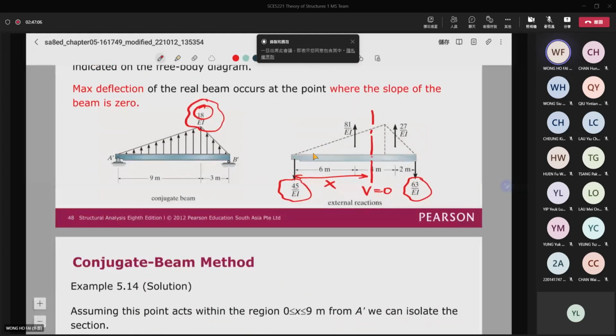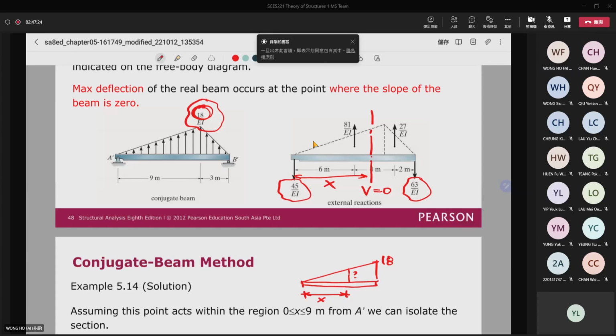Well, because it is 18 over EI here, assume that this is 18, and then for this distance x, it is the value that we don't know. Then the total distance is equal to 9 meters.